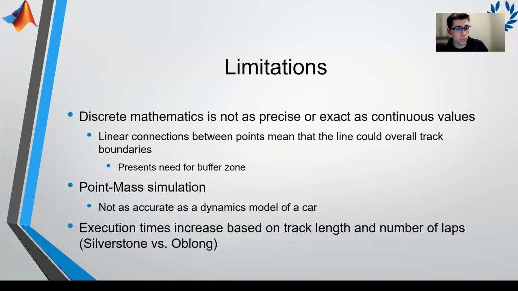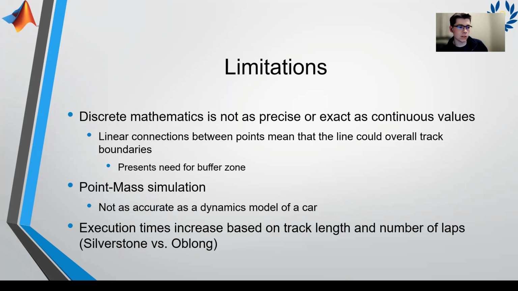We're also looking at linear approximations between lines. So there's a possibility that even with the buffer region, if we don't have a high enough resolution path, or we have too few points, these lines are going to intersect track boundaries. And that's why we have the need for the buffer zone in the first place.